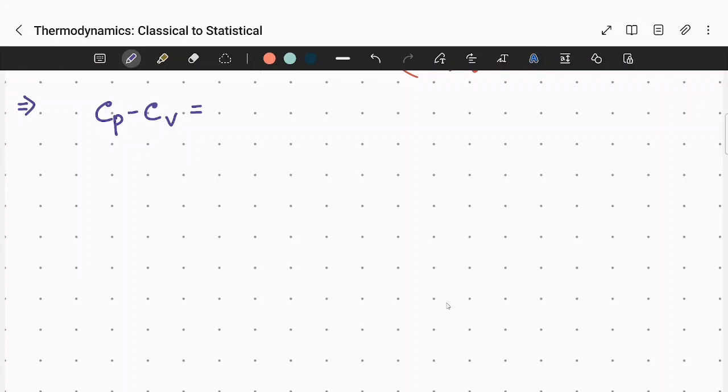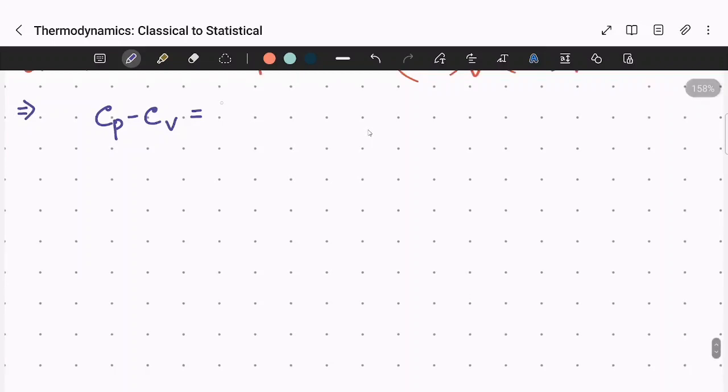There is a relation between Cp minus Cv. Cp minus Cv is equal to R, but this is for ideal gas, right? Cp minus Cv equals R or nR. This is for ideal gas.